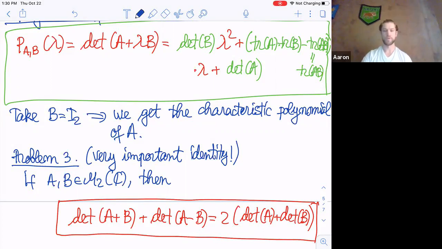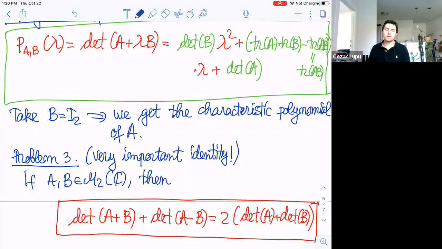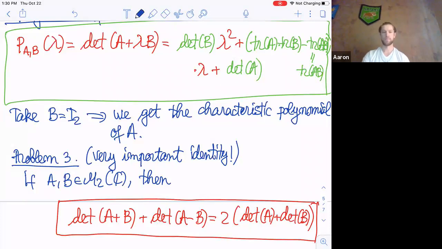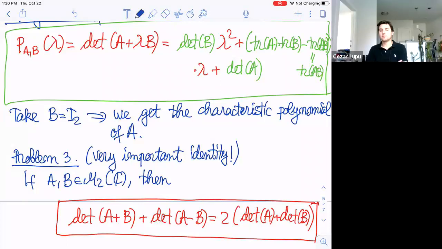Are we supposed to show what's in red? Is that what we're supposed to do? Yeah. Okay. Show this. So think about this a bit. I think you have all the information above. Just look at that characteristic polynomial.